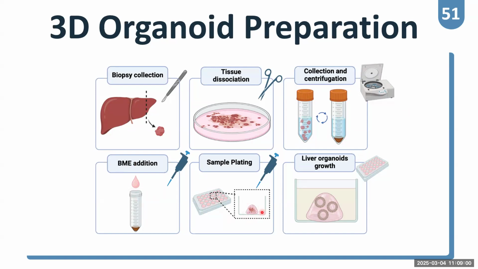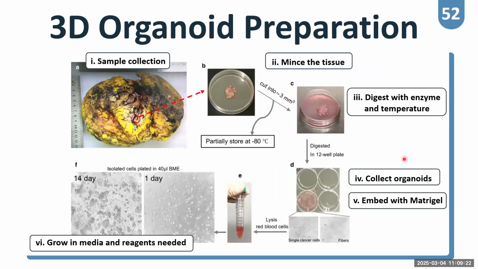And as I mentioned to you, we dome the matrix gel mixed with the cells, and then we flip it upside down. We leave it around 30 minutes to let the matrix gel polymerize into a hard gel, and then we flip it back, and then we put in the media to grow. Okay, this is the method to prepare the organoid.